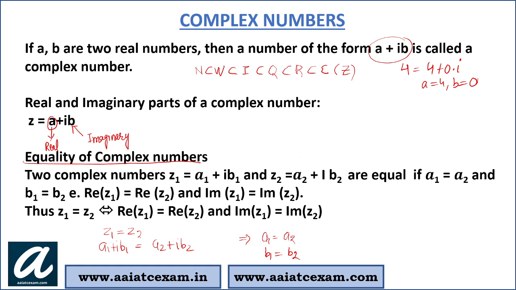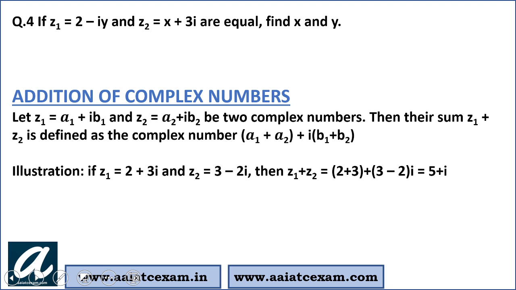So please remember it, that real part of first should be equal to real part of second, and imaginary part of first number should be equal to imaginary part of second number. Only then the two complex numbers are said to be equal.